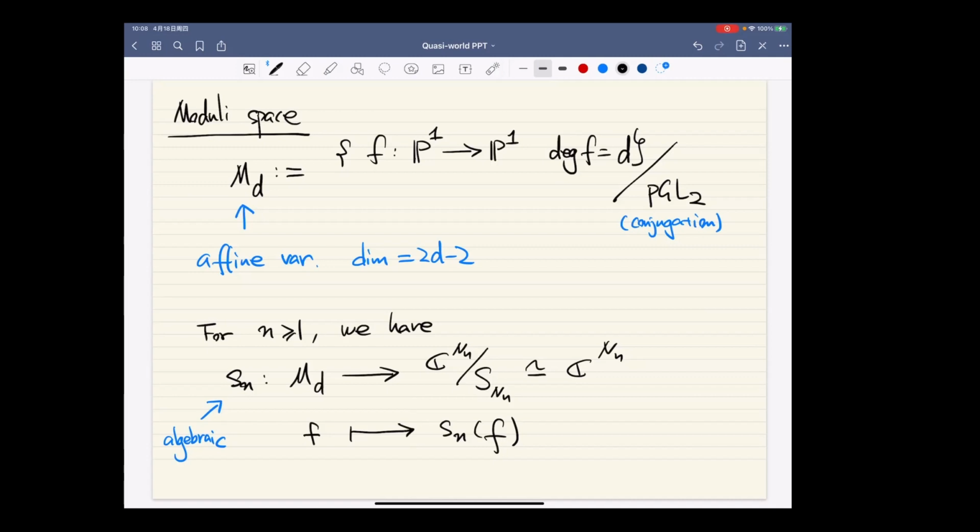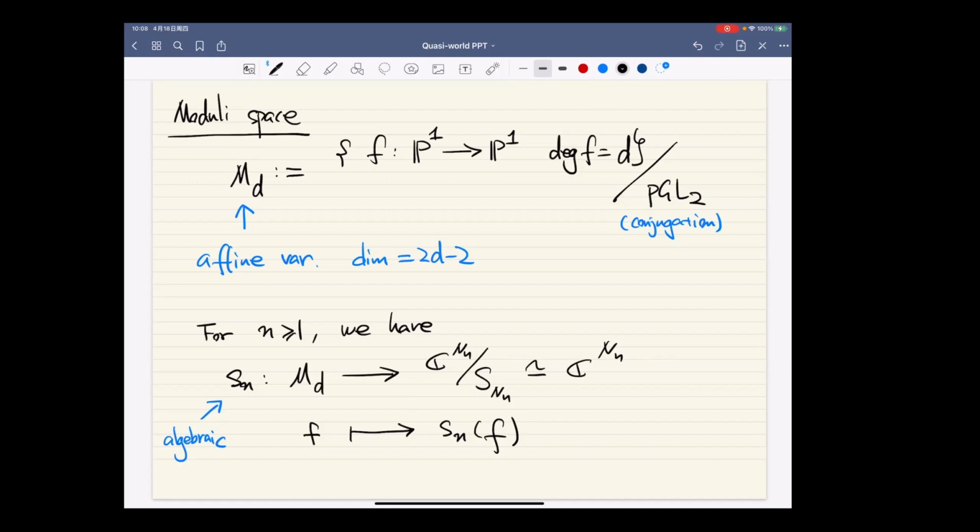So for every n at least 1, because the nth multiplier map is invariant under conjugation, it defines a map on the moduli space. It defines a map S_n from M_d to C^{N_n} quotient S_{N_n}, which is isomorphic to C^{N_n}.